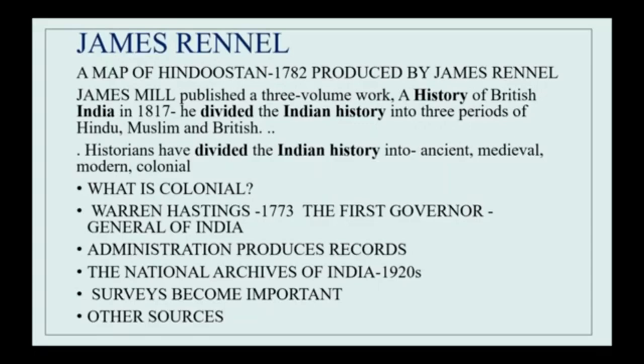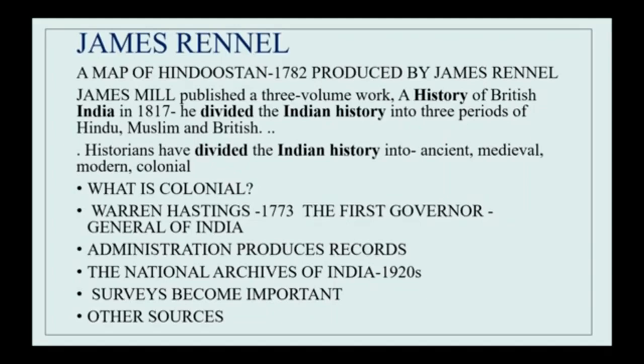What are they? Hindu, Muslim and British. But generally, historians have divided Indian history into ancient, medieval, modern and colonial. Okay, what is colonial? Colonial refers to the British rule.